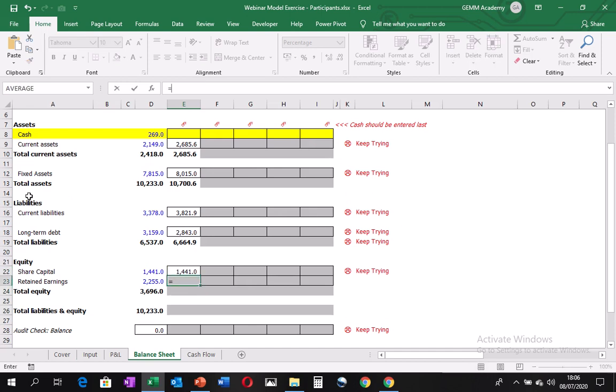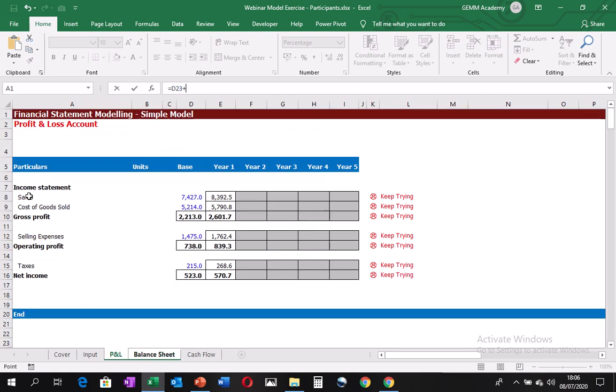So we've got that. Then retained earnings. Now retained earnings is usually the balance at the end of last year of our retained earnings plus the profit for the year. The profit for the year can be found in the P&L account. So you go to P&L, the profit for the year is our net income. In this case, we've got no dividend.